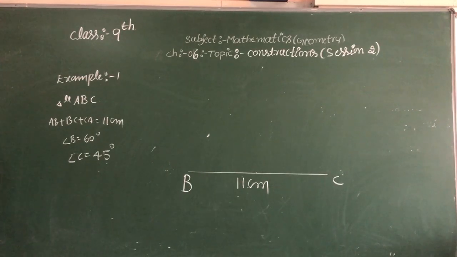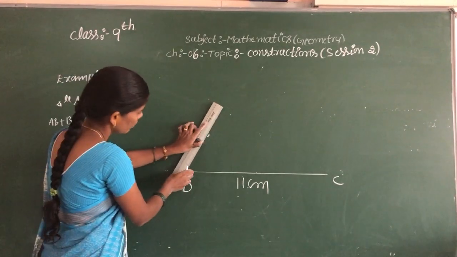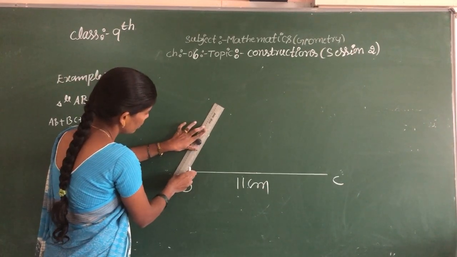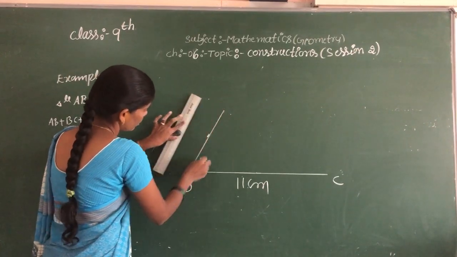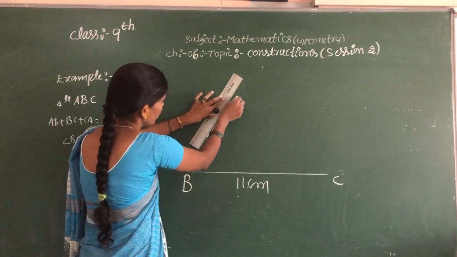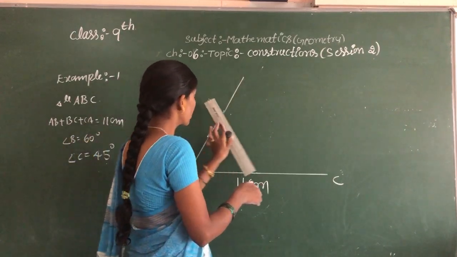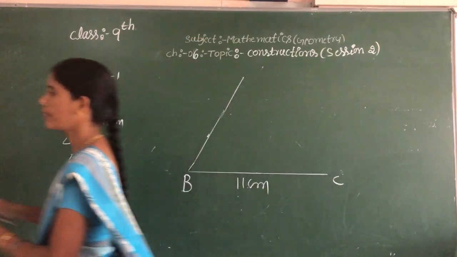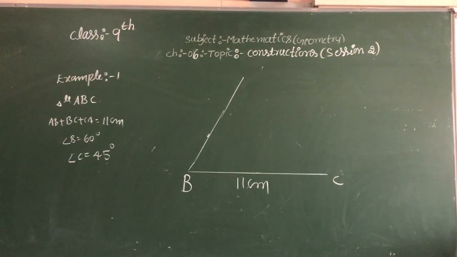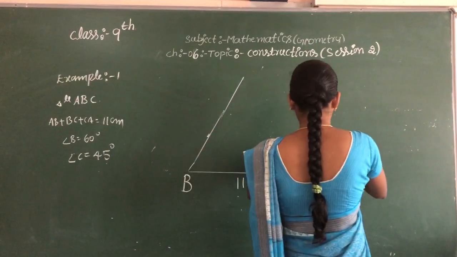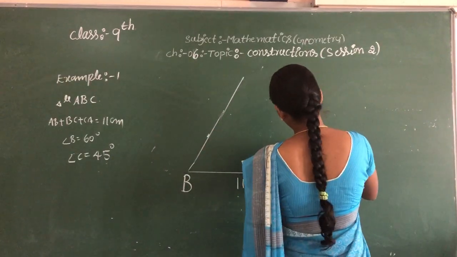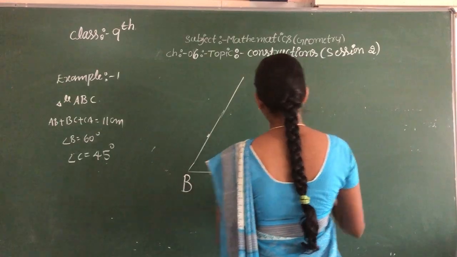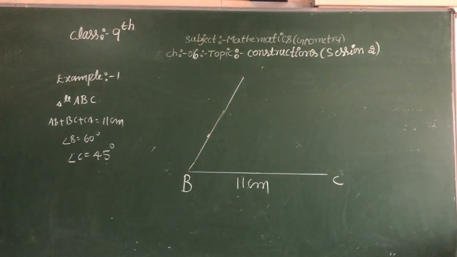Next, this is 45, protractor at C. This is 45.